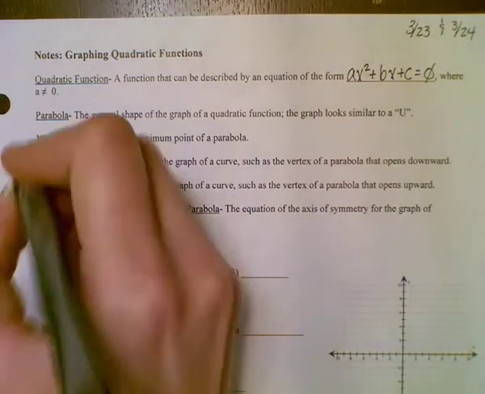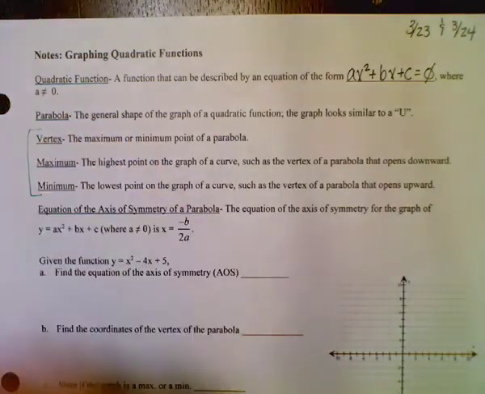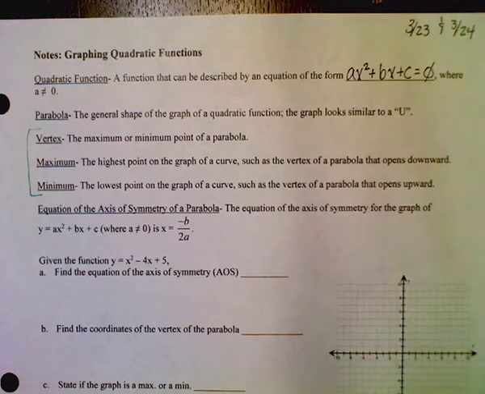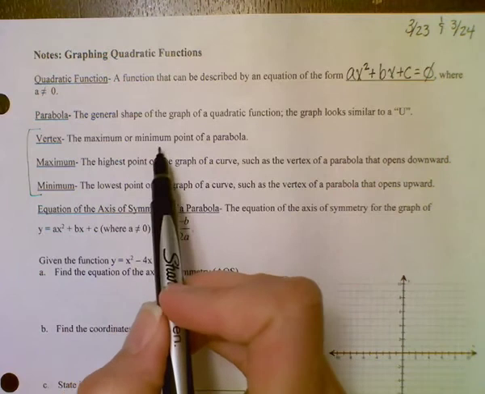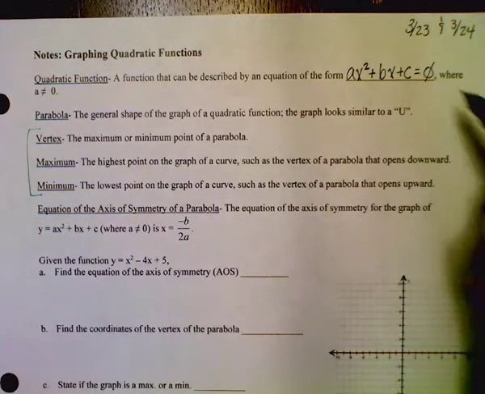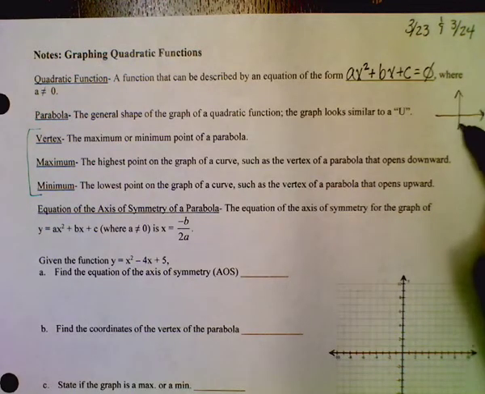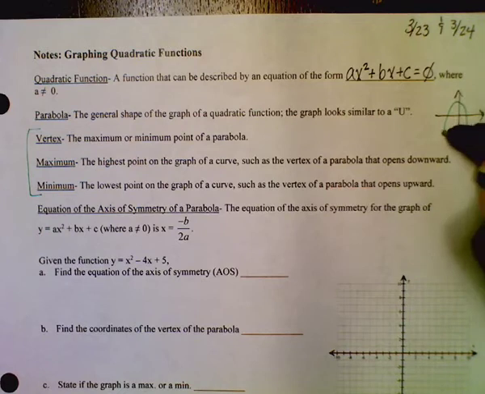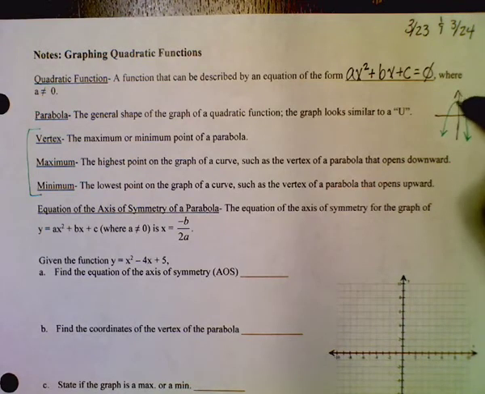One of the parts of a parabola is a vertex, and the vertex can be described as being a maximum or a minimum. So the vertex, by definition, is the max or the min of the parabola, and it's a specific point. If we make a little mini parabola over here, the high point of that parabola would be right there.